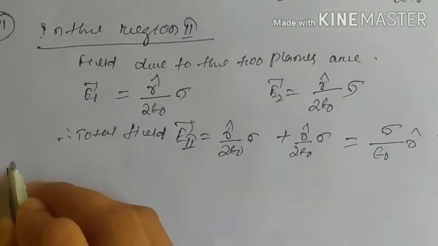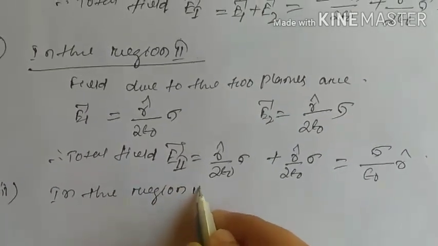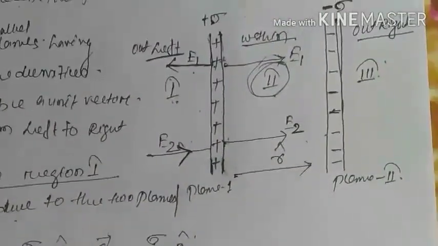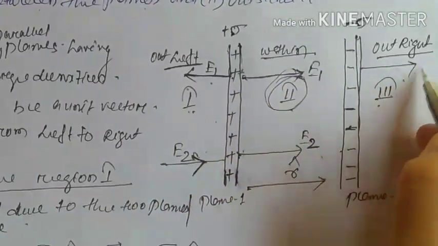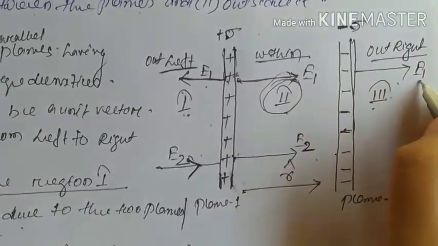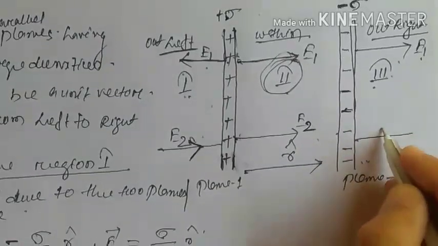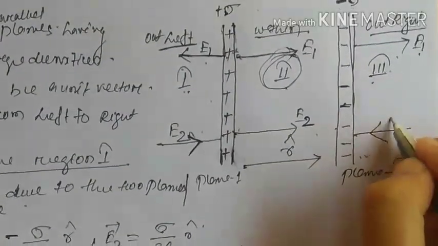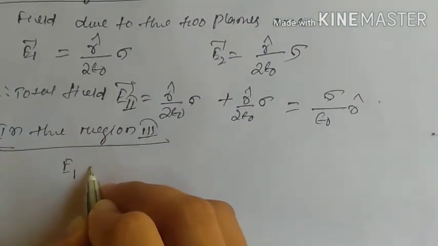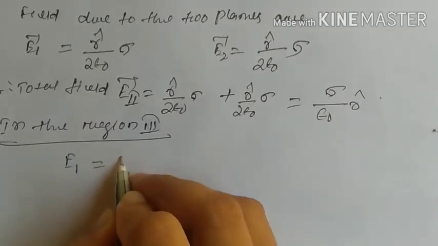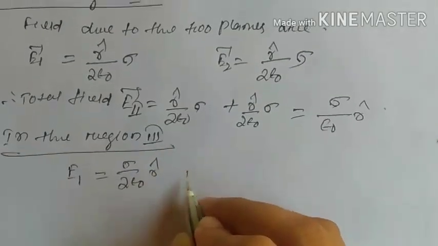Now for region 3, in this region, the electric field due to plane 1 is E1. The electric field due to plane 2 is always inward, so this is E2. So E1 is equal to sigma by 2 epsilon naught r cap.